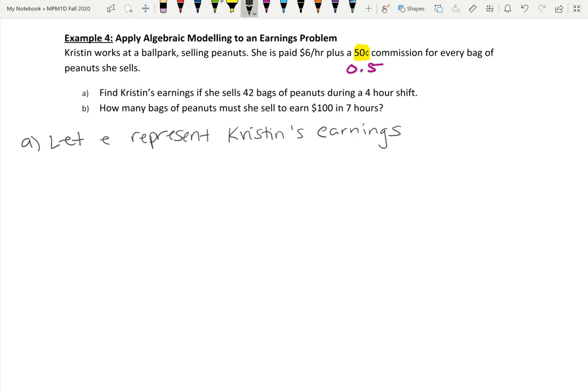Okay, so her earnings is equal to her commission plus her wage.